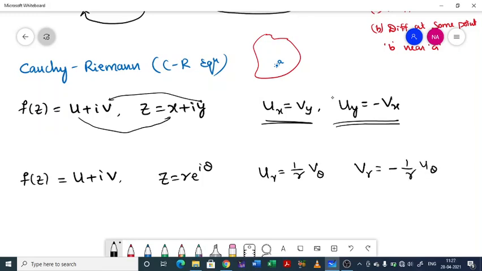Or you can write it like this: r u_r equal to v_theta, r v_r equal to minus u_theta. So these are the CR equations in polar form. With this we have discussed analytic functions and CR equations.